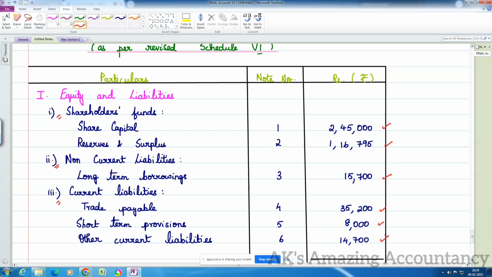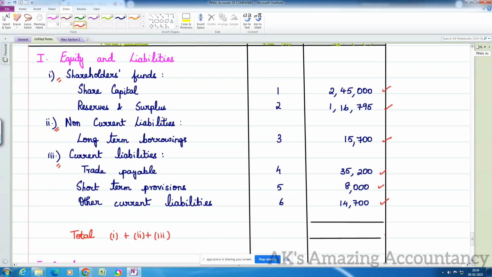So all these notes we have already prepared. Now the total of equity and liabilities is nothing but the total of 1 plus 2 plus 3. So what is 1 plus 2 plus 3? It is a total of shareholders funds plus non-current liabilities plus current liabilities. So for this you'll have to add all these amounts together.